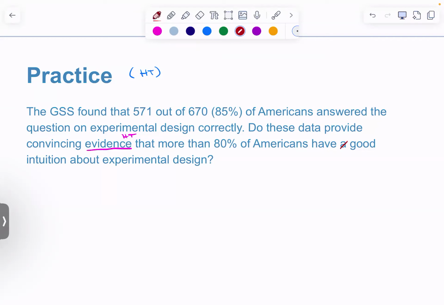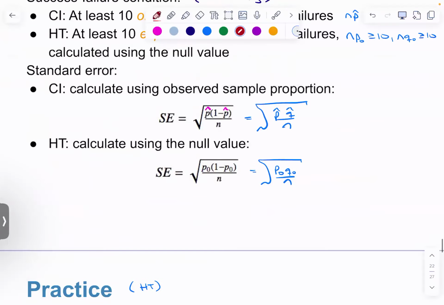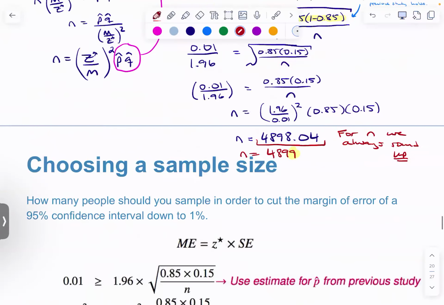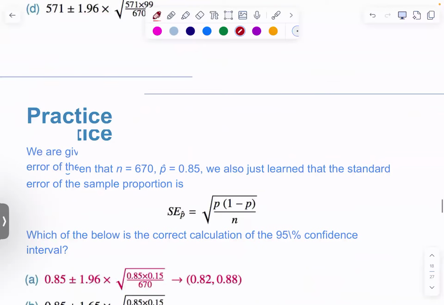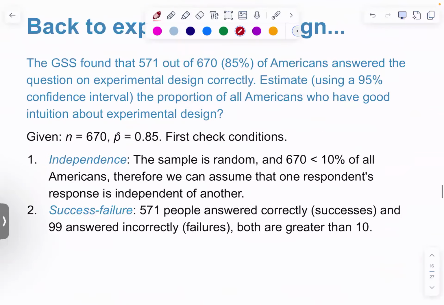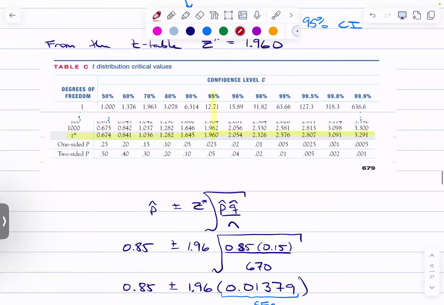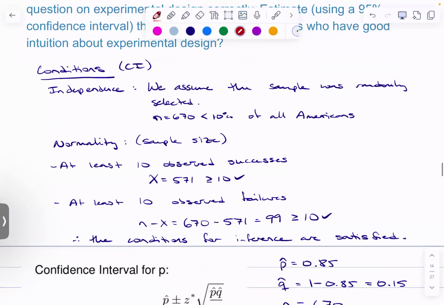Step 0, check our conditions. Boring. How about I steal the conditions? Because we already checked or assumed that it was random. And we already argued that 670 is less than 10% of the population. How many steps are there again in checking the conditions?